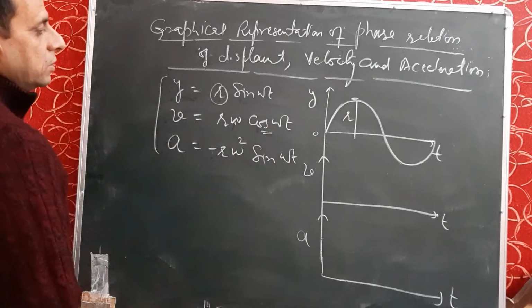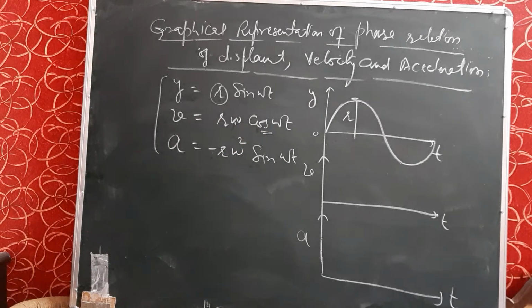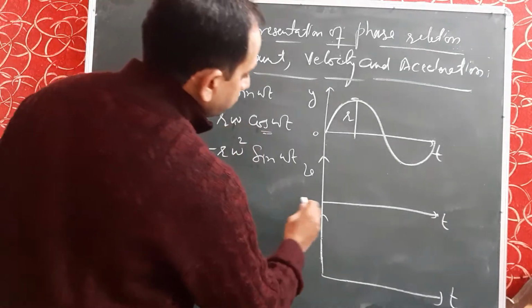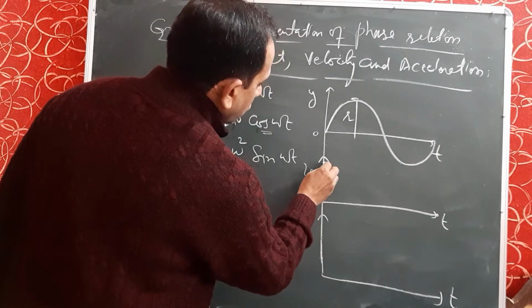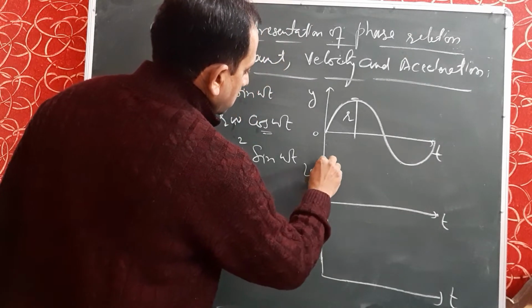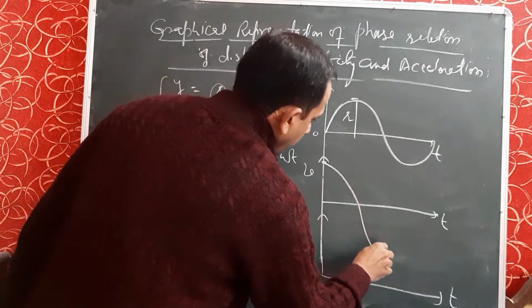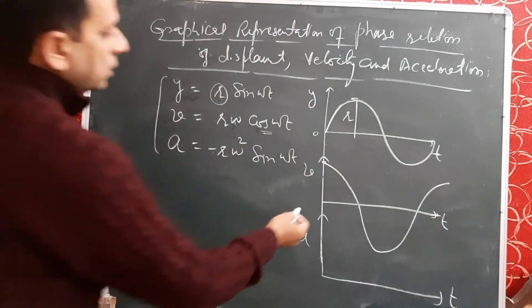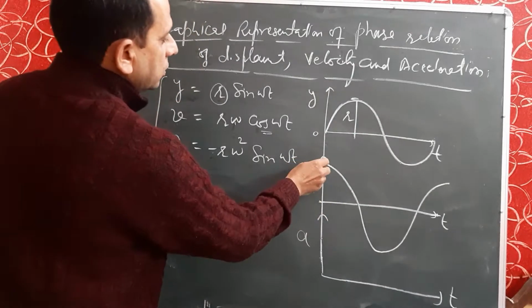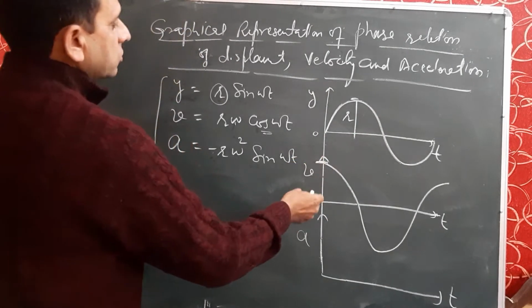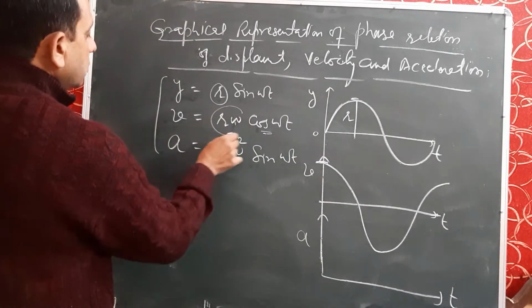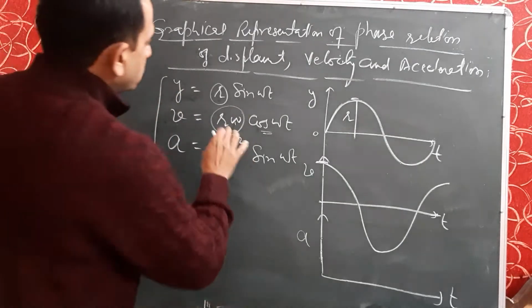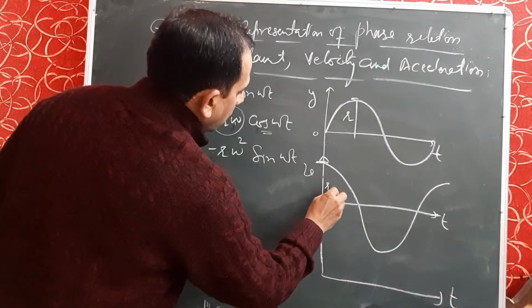So, what is a cos wave? Cos has maximum value 1, and it starts from 1, because at 0, cos 0 is 1. This is the maximum value, and this is the amplitude. The maximum value is r omega.